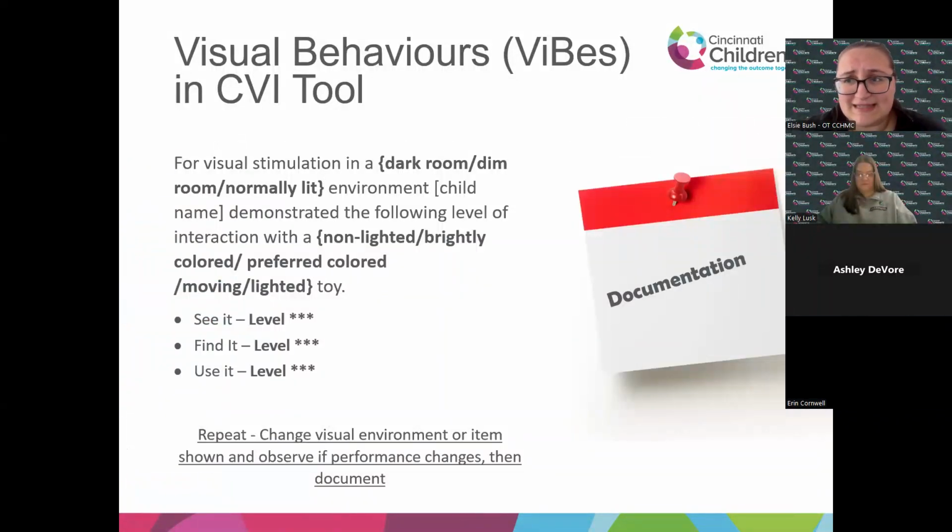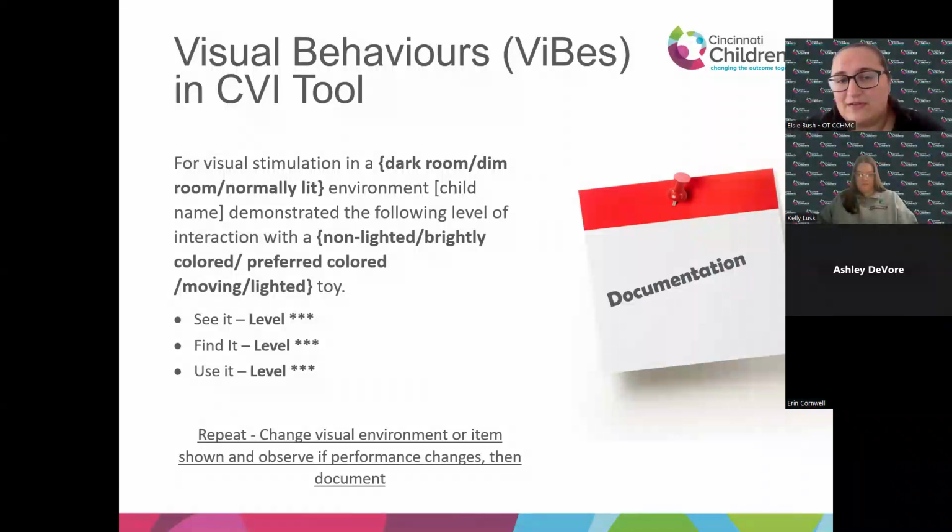So for example, this is something I have pulled from my own documentation. Whether it's in evaluations or treatment with a child, I'll pull in a little blurb about what the Vibes tool is and then say, for visual stimulation in a dark room, the child demonstrated the following level of interaction with a lighted toy.